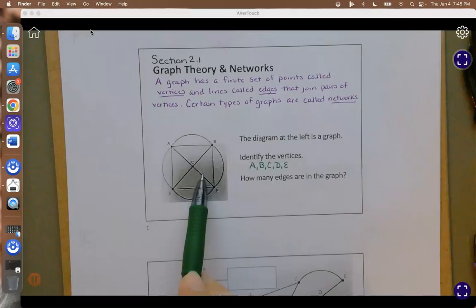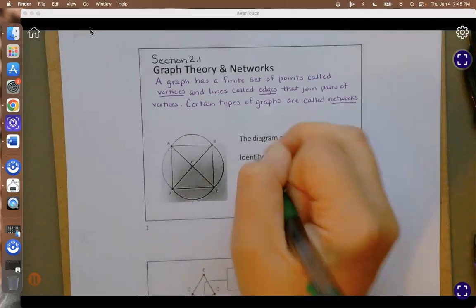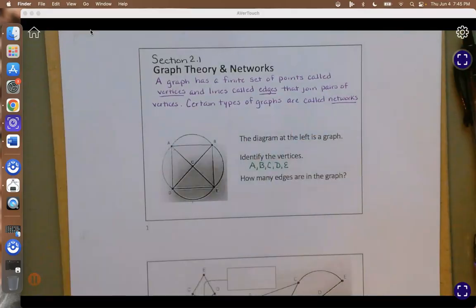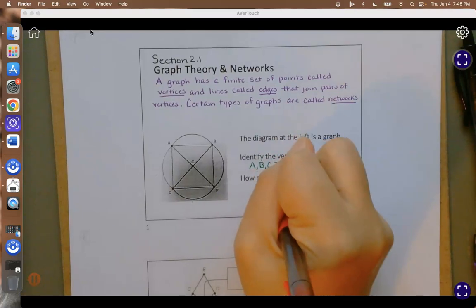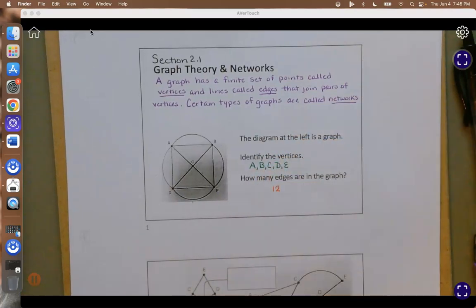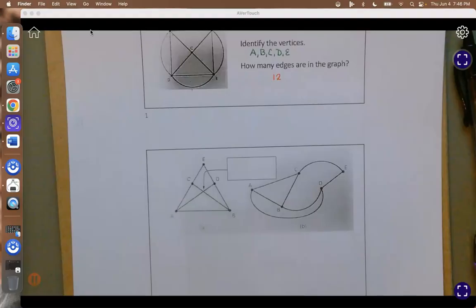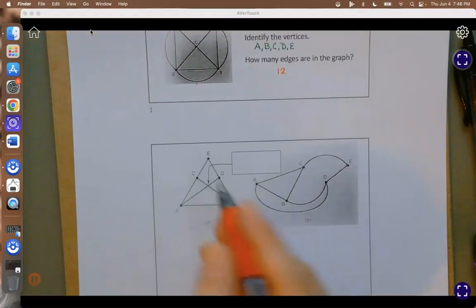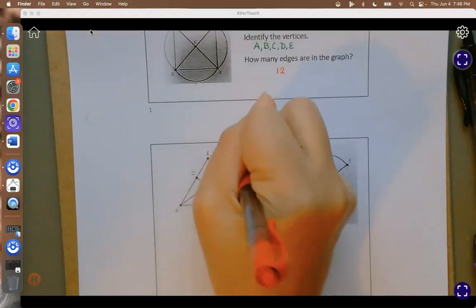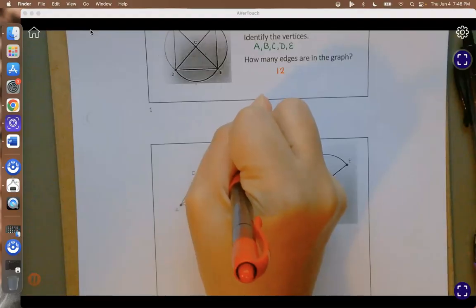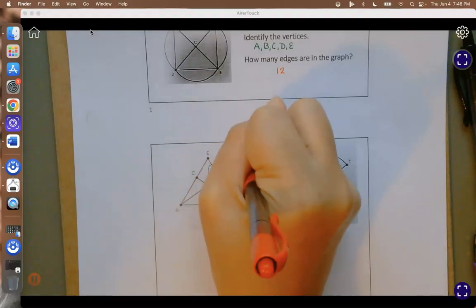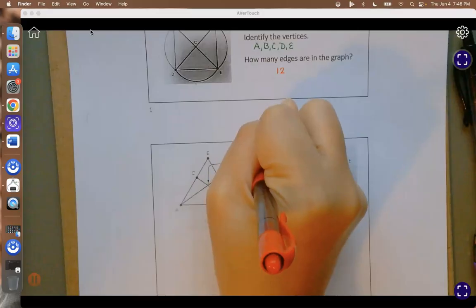Now, if you look here and look here, this looks much more organized and calm than this. But this is the same as this because it has the same vertices and the same edges.